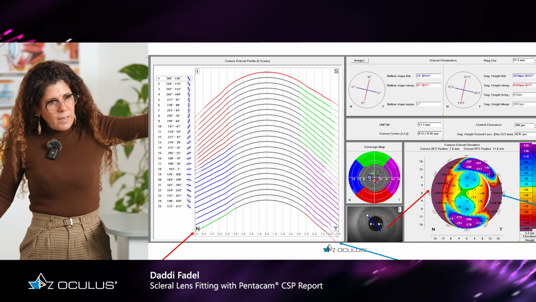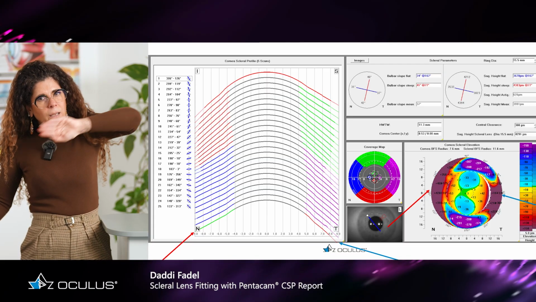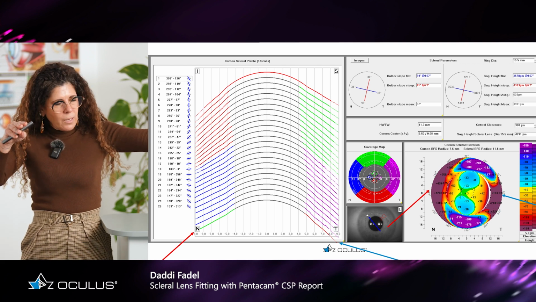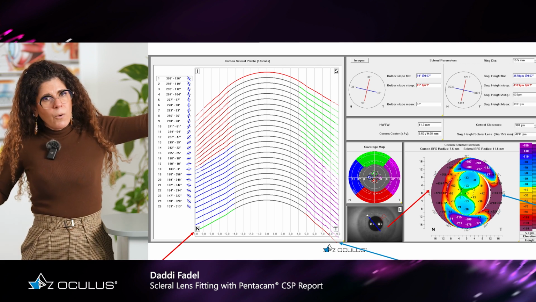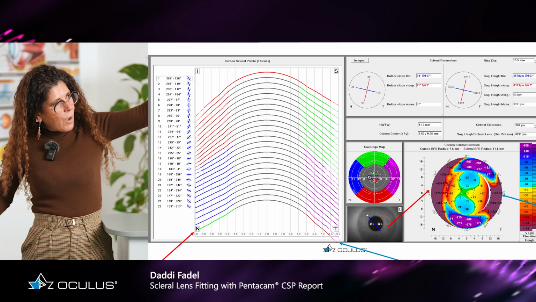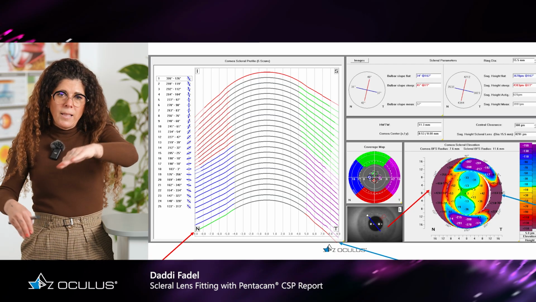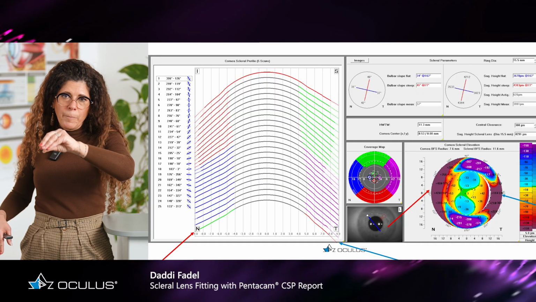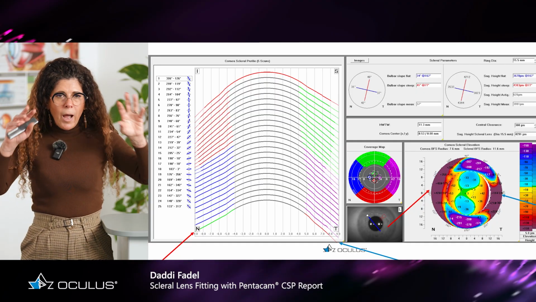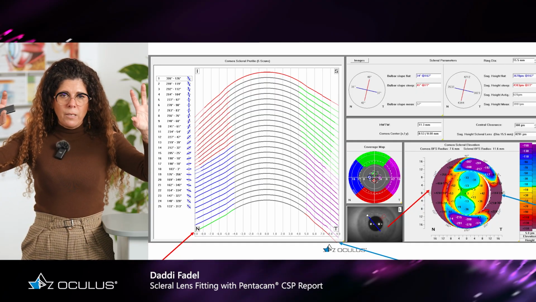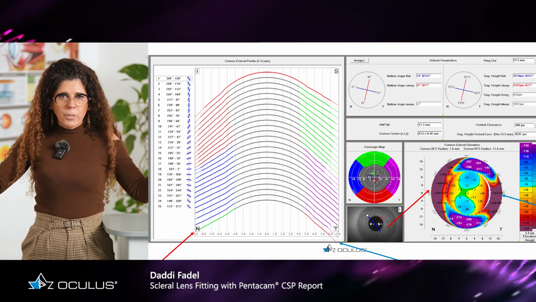It is like a mountain that we saw in previous presentations, where an area was higher in elevation and the other one was less elevated. And this is exactly the case in this eye, where you have a significant difference in elevation between the two opposite quadrants.